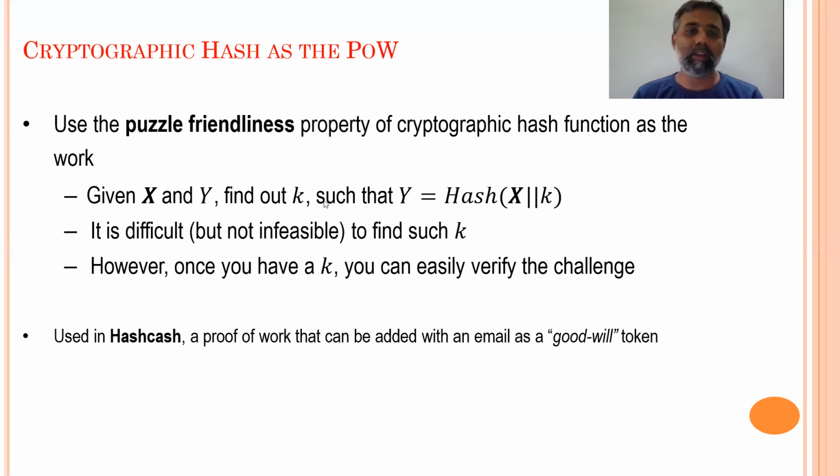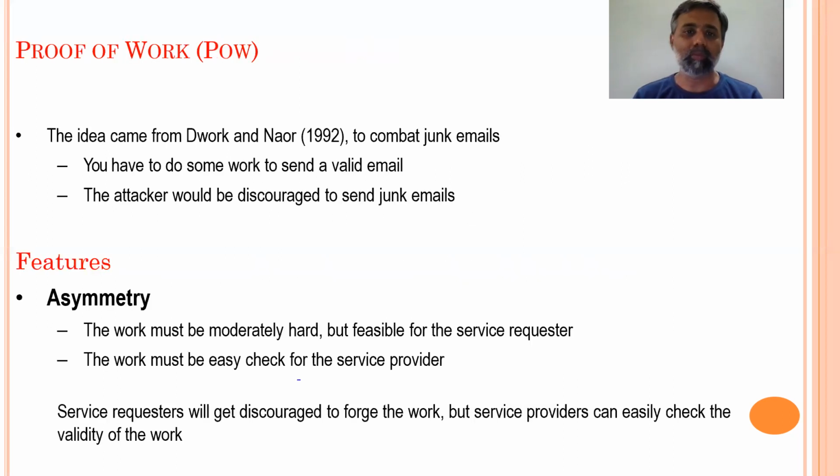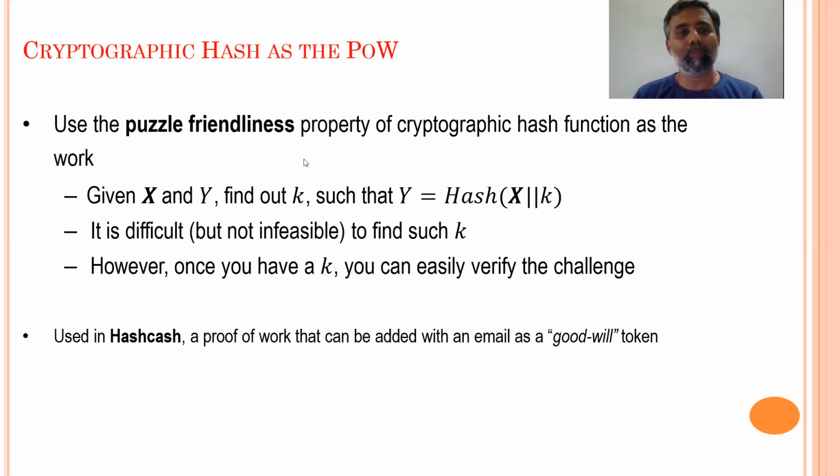Suppose we propose a puzzle. In the previous example, I talked about that if you want to send a mail, then you have to do some work. So suppose we propose a work where we have two values, X and Y, and you are using any cryptographic hash function like SHA.